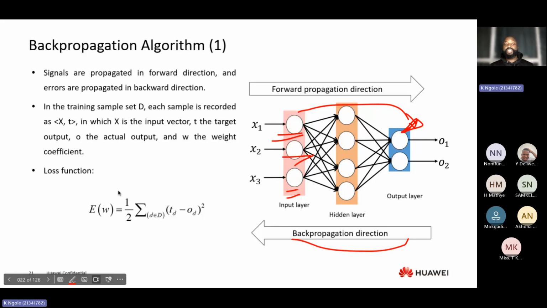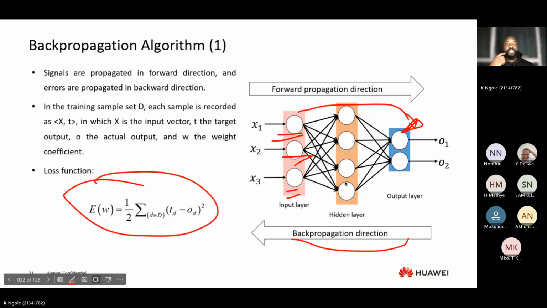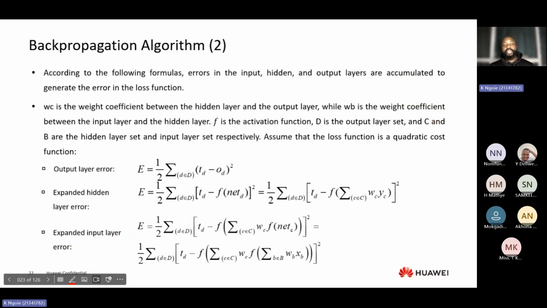Okay, so the loss function here, when we're operating it, we're going to go backward. These are examples of how the errors are represented.